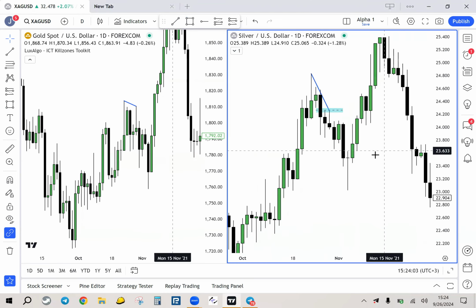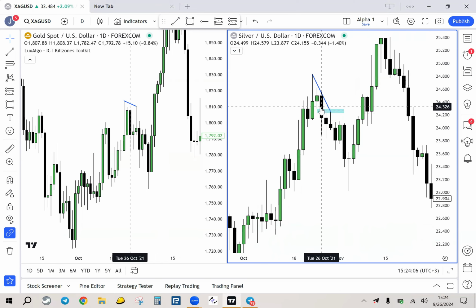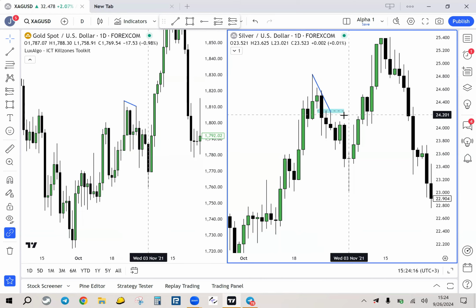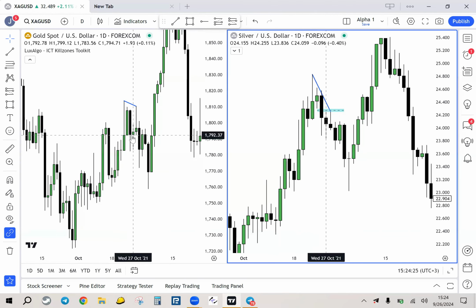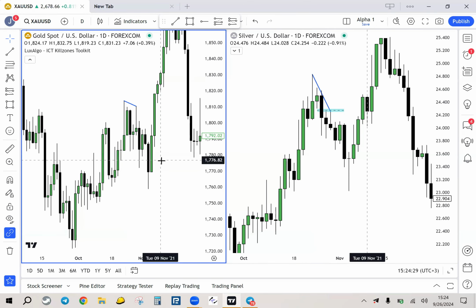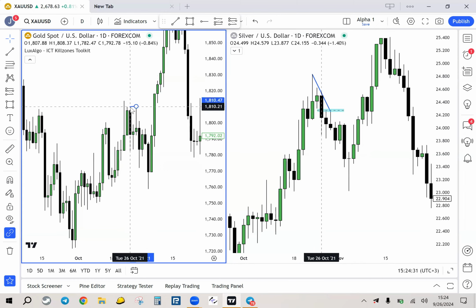So we had silver creating this high just as gold did, right? But in this case, gold did not show us a bearish fair value gap here. You see, however, silver did. You guys see? So when silver went up into the fair value gap, gold went above October 26. Okay, so the actual divergence was here.